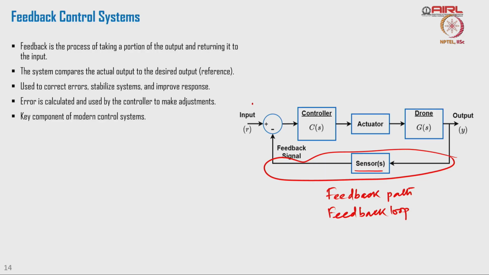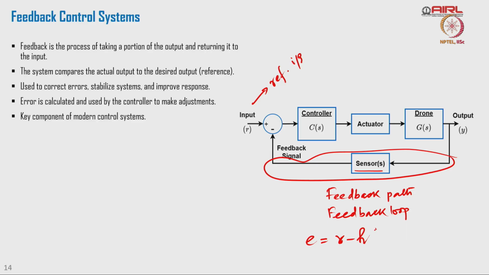The input is sometimes called the reference input or reference signal, and there is a summer where it is checked how much difference there is between the input signal R and the feedback signal, say H. That is called the error.